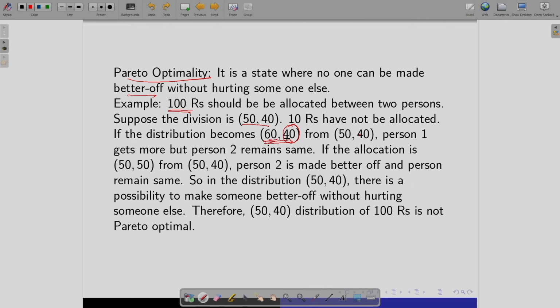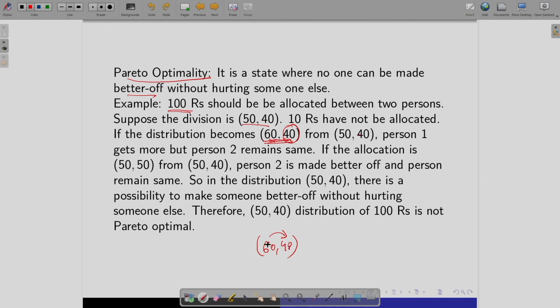But from here, you cannot move to any other allocation. Like from 60 and 40, since 100 is your total amount, if you want to improve this person's share, you have to reduce this person's share. Or if you want to improve this person's share further, you have to reduce this person's share.